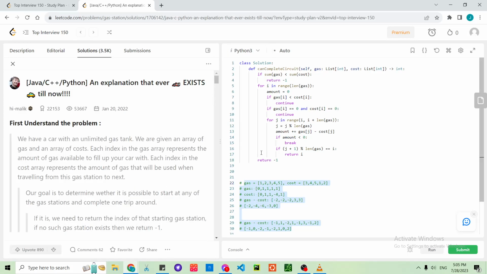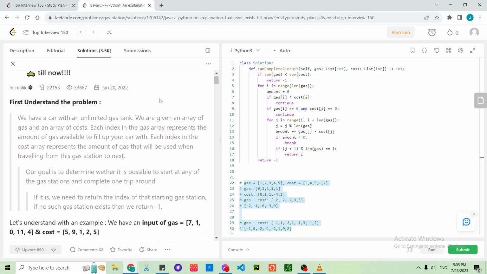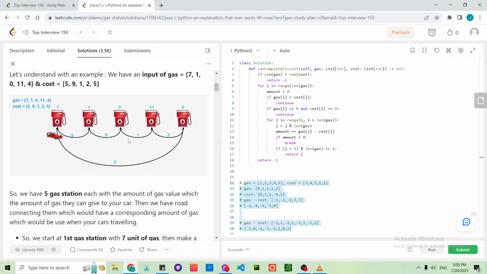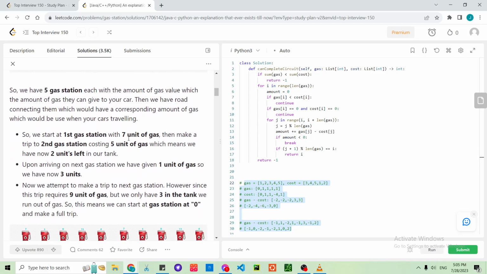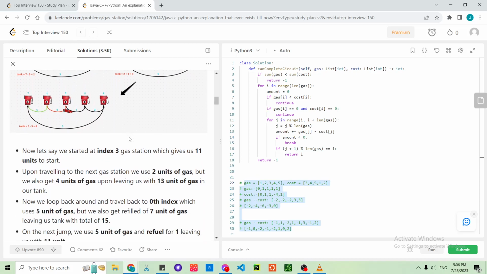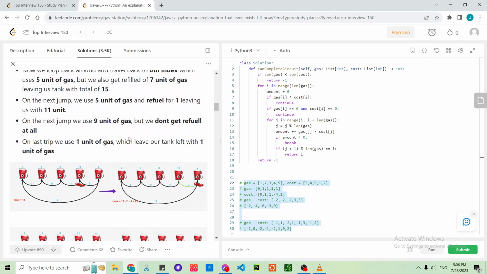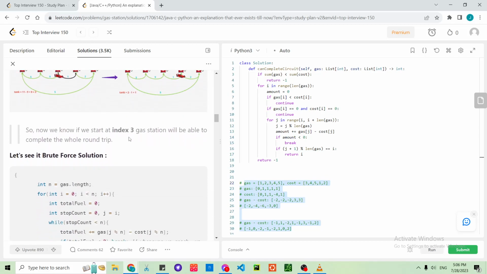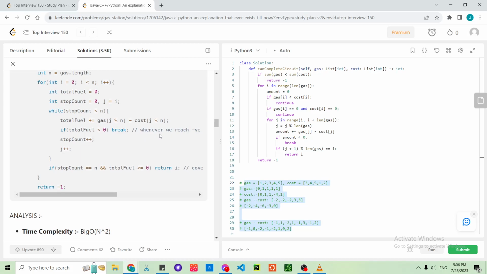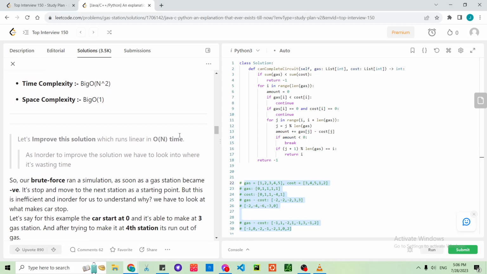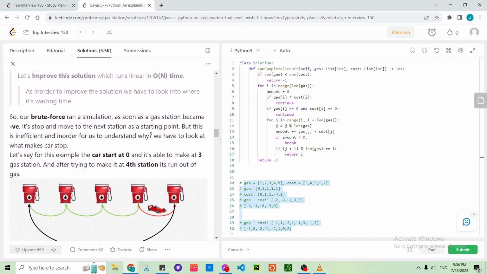And then it's time for dinner. Quadratic constant, yes. Now how can we do this in linear time?